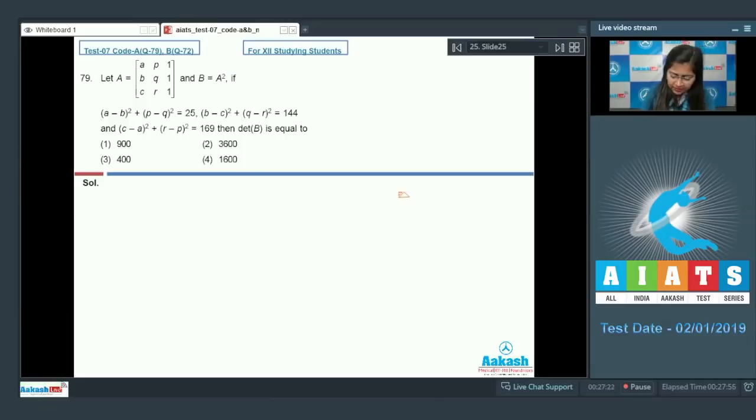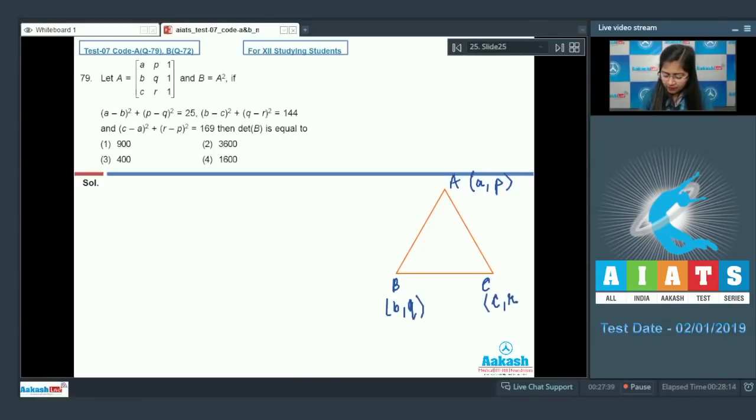In this question, let us make a triangle whose three coordinates are A, B, C. Let us say A is (a, p) and B is (b, q) and C is (c, r), right? So we are given that under root of (a minus b) whole square plus (p minus q) whole square is equal to 5.